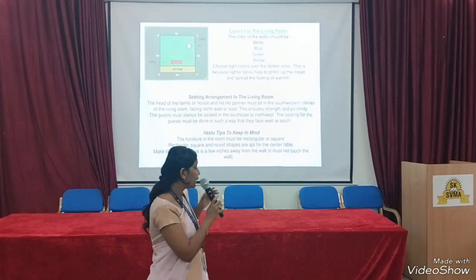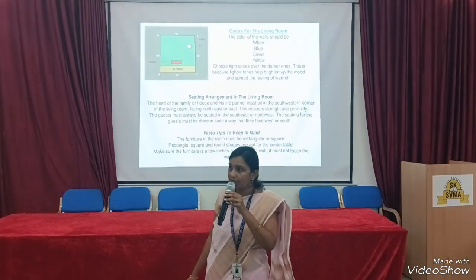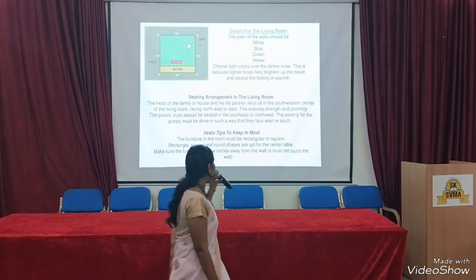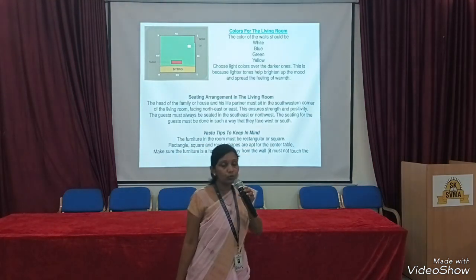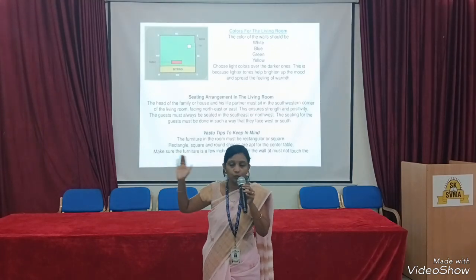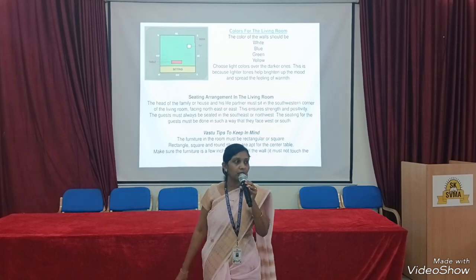Here, some particularities: the house owner and his life partner, his wife, should both sit in the southwestern corner. If they sit in the west corner, then the guest will always sit in the opposite direction.